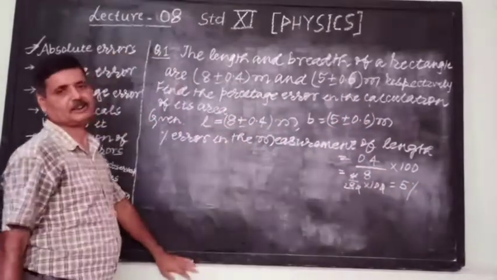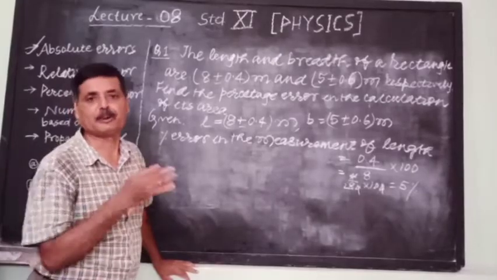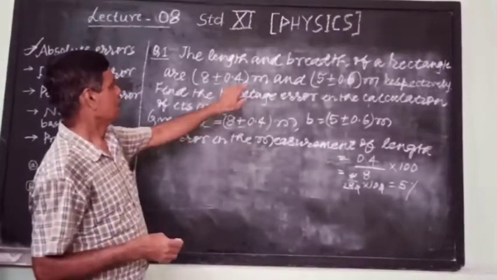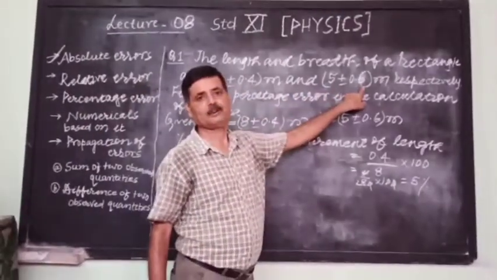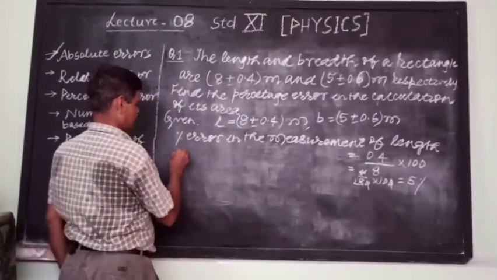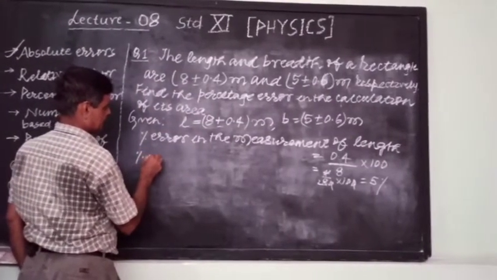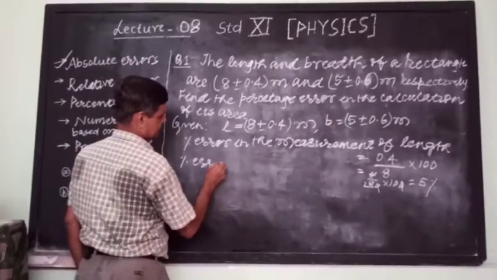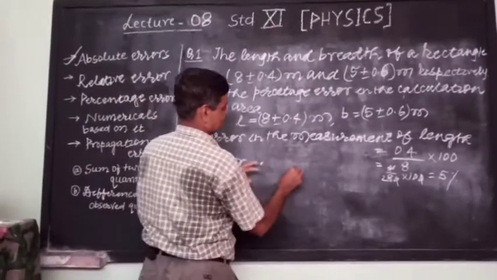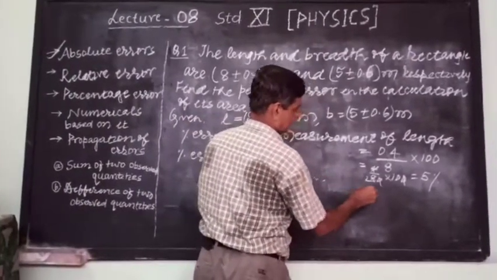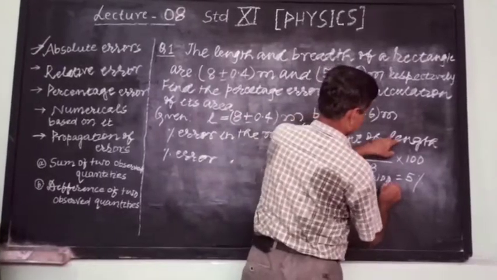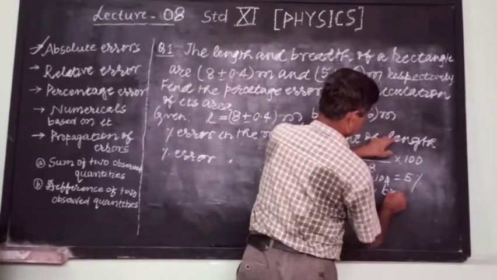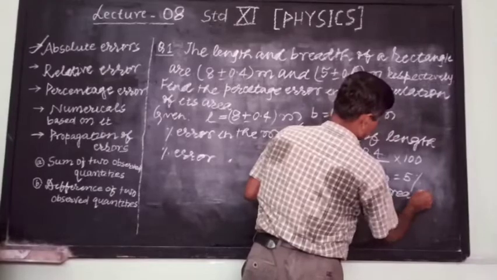This is the percentage error in the measurement of length. Now, in the same way, percentage error in the measurement of breadth. As in the case of length, you will use breadth.